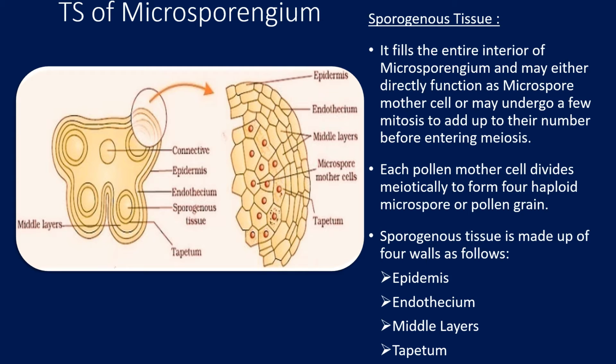Third one is the middle layer. Cells of this layer are degenerative in the mature anther. Last one is the tapetum, the innermost layer of the anther wall, which completely surrounds the sporogenous tissue, provides nourishment to the developing microspore, and secretes catalase enzyme and sporopollenin.